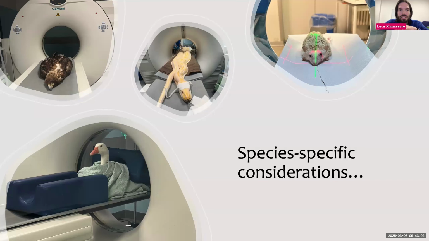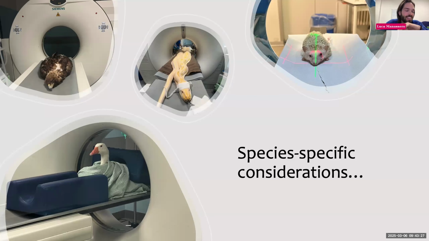Also, we have some very small patients, and it is pretty challenging to get a proper resolution. And also some very long patients, like the white snake in the center. With just one scan it is not possible to capture all these animals.